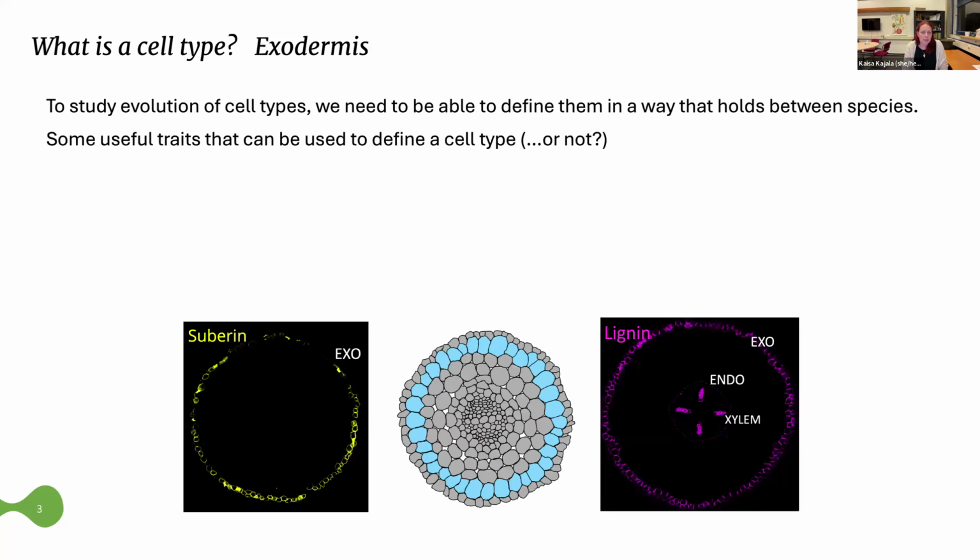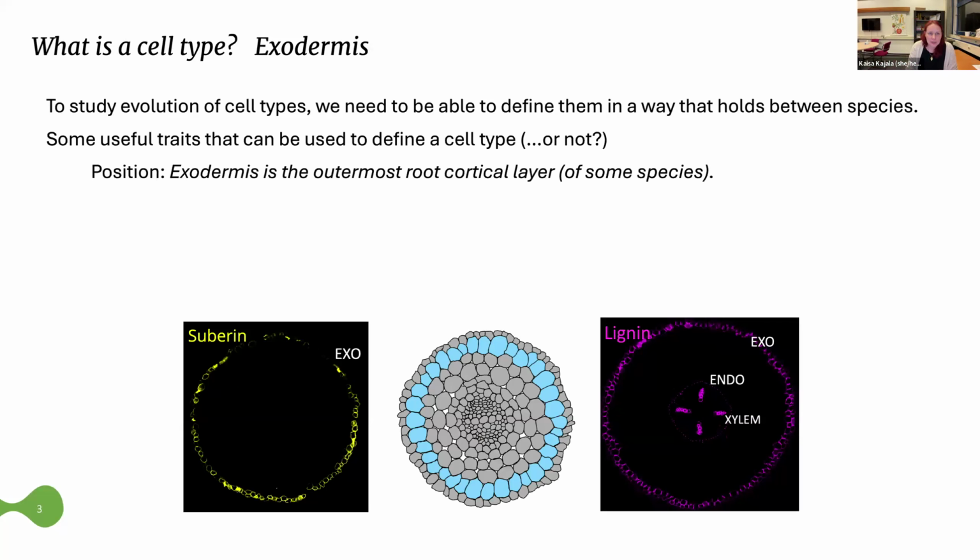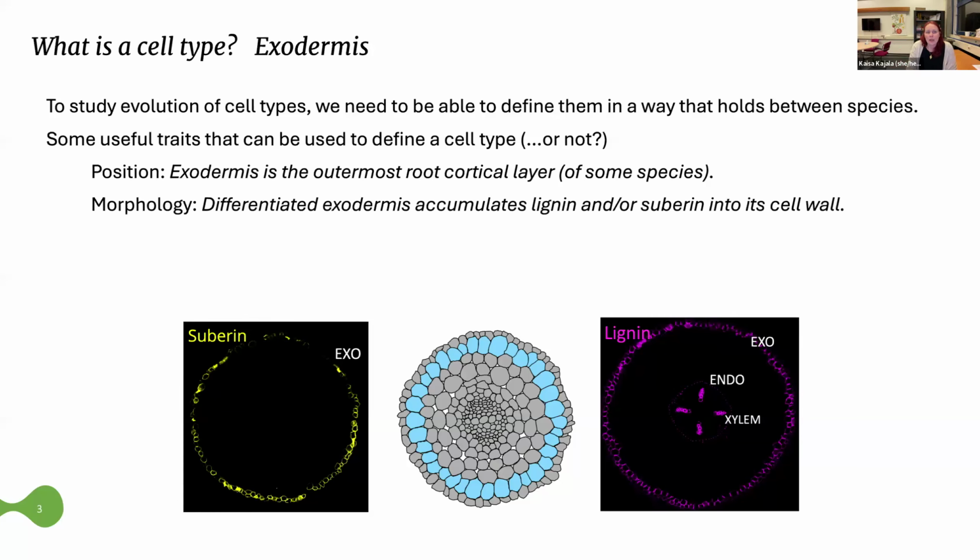Some of the traits that I think can be used to define a cell type, in some cases and not in others, are these. In the case of exodermis, firstly, position: where do you find this cell type? Exodermis is defined as the outermost root cortical layer in some species, not all, so position here is not sufficient as the definition. You can use morphology: differentiated exodermis accumulates lignin and/or suberin in its cell wall.